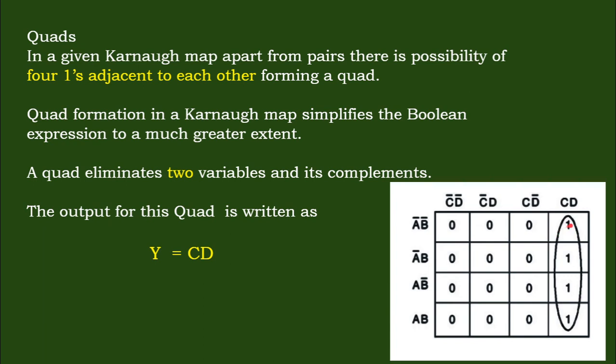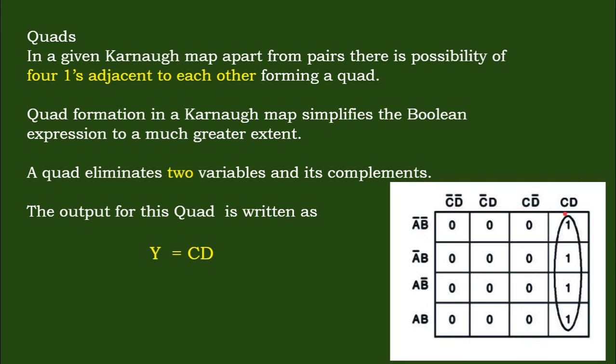This quad encompasses all the variables: A bar B bar, A bar B, A B bar and AB, all four terms. In these terms both A and A bar are available, so they get cancelled. Likewise B and B bar are available, so they get cancelled.